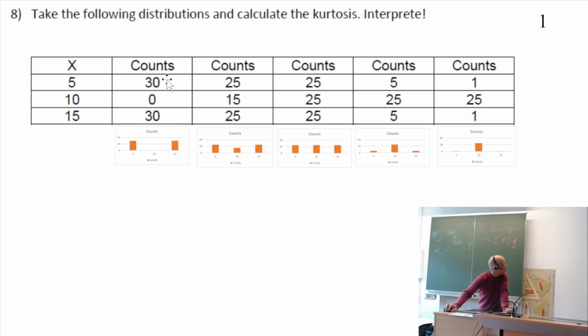Well, I constructed it so that all of these distributions are symmetric. So of course we have a skewness of 0, and the arithmetic mean is always 10 because we are symmetrically distributed around 10.